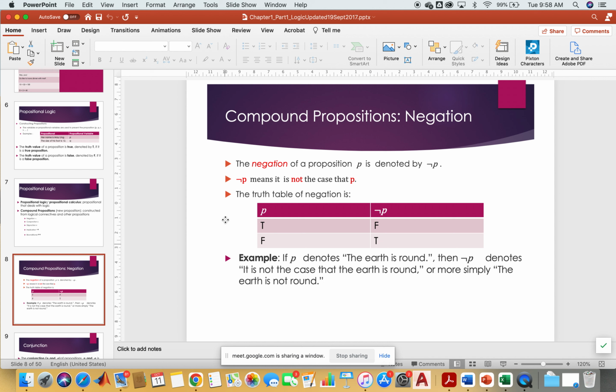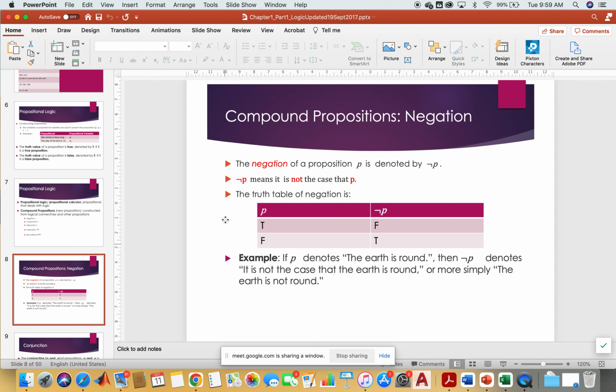So we have what we call a truth table. If let's say your statement P is true, when you have this negation here, it will give a false statement. And if the truth value for the statement P is false, then the truth value for the negation of P will become true.